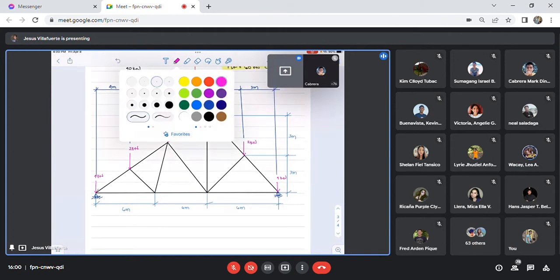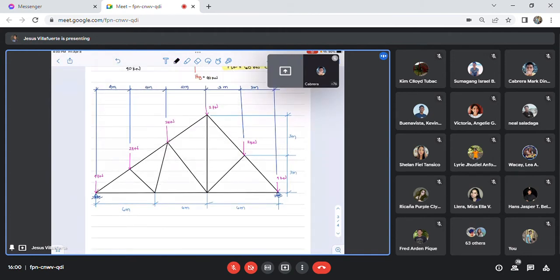So the points A, B, C, D, E, F, G, H. So is this truss symmetrical? Obviously, dili na siya. So is the loading symmetrical? Dili na po siya symmetrical.